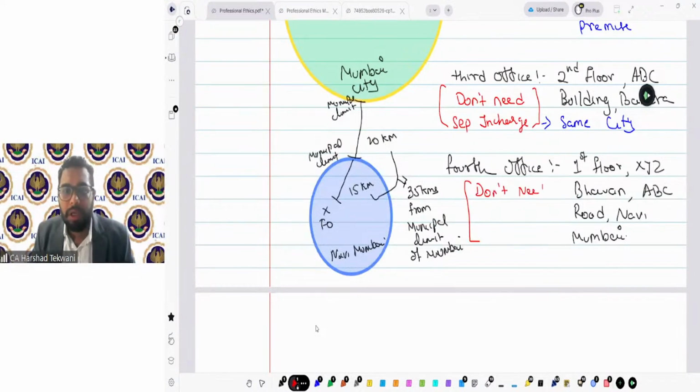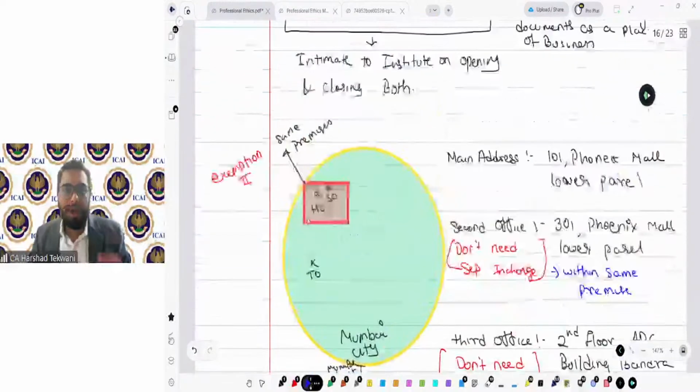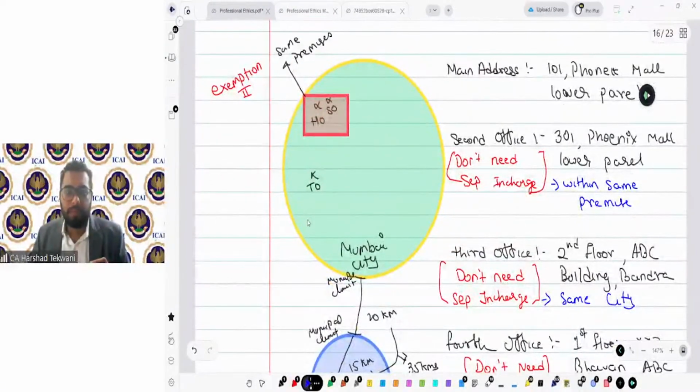I don't need a separate in charge. The basis for this is within 50 kilometers from the municipal limits of the first office. So that is the second exemption.